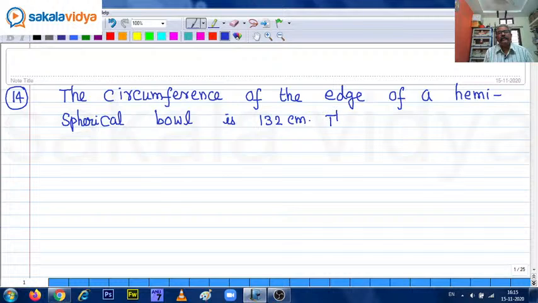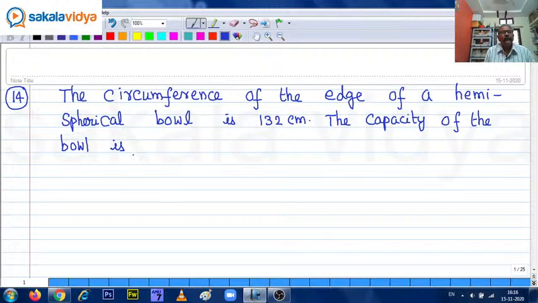The capacity of the bowl is, in centimeter cube.